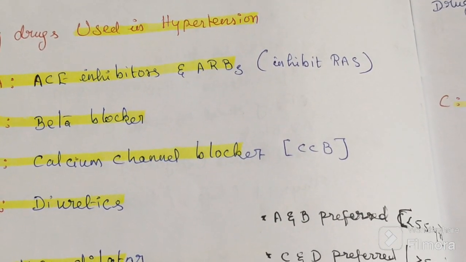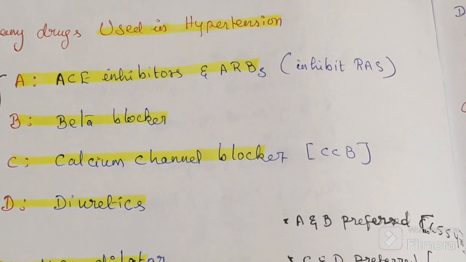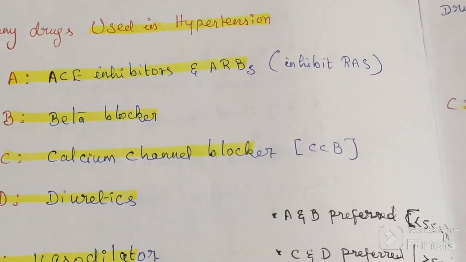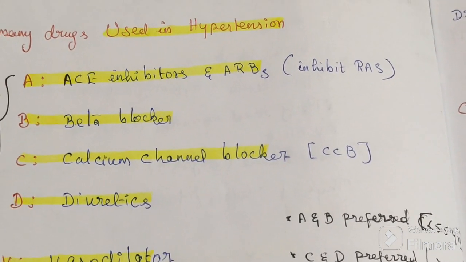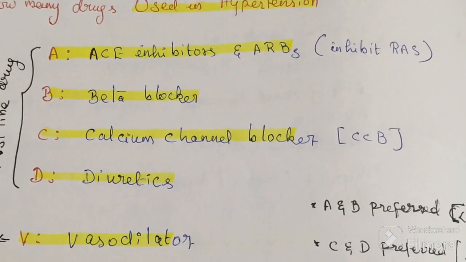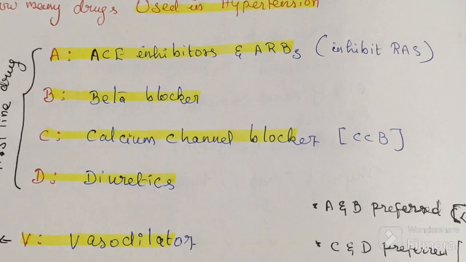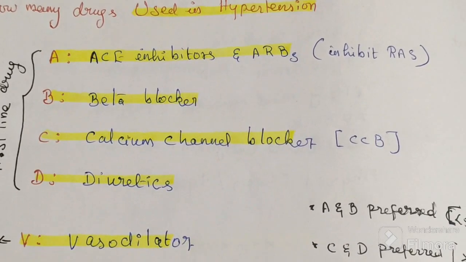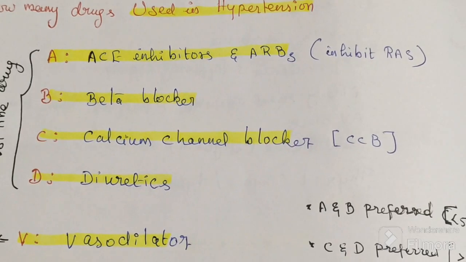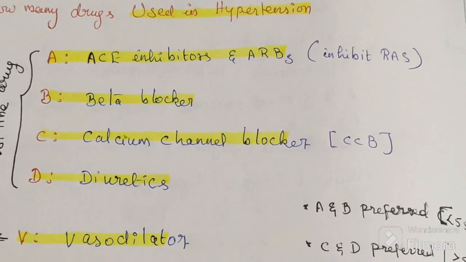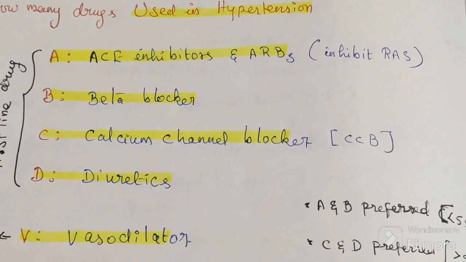Which one is better? ARB is better because it doesn't cause edema, cough, itching, or taste disturbance. It also doesn't inhibit the degradation of bradykinin.